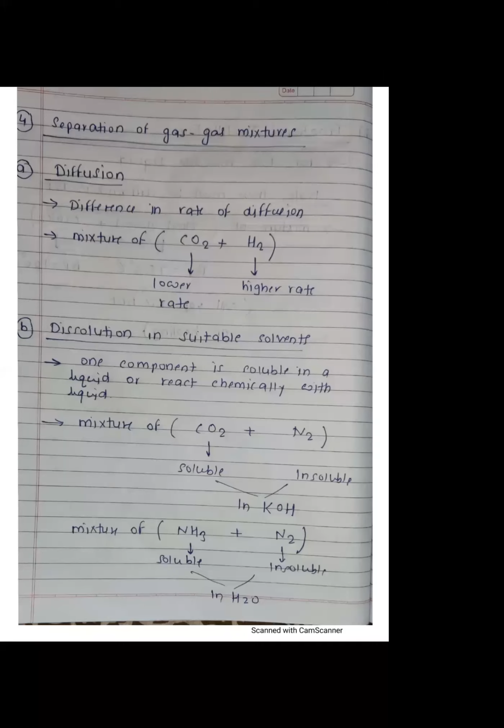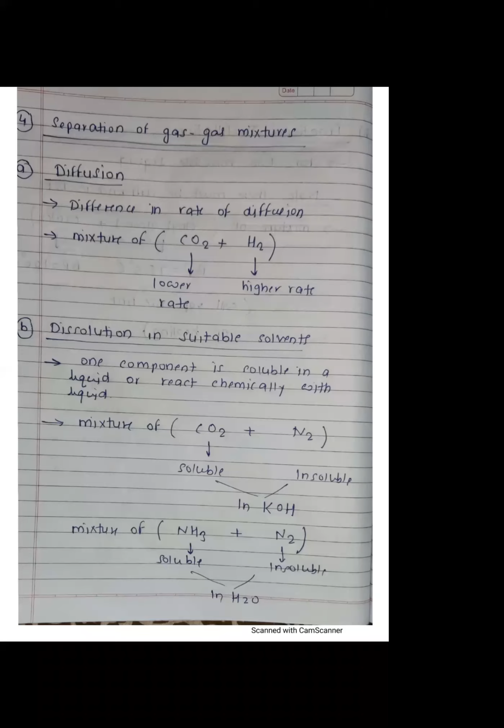In this method, one component is soluble in a liquid or reacts chemically with that liquid. For example, if I want to separate a mixture of CO2 and N2, I will dissolve this mixture in KOH. CO2 is soluble in KOH, so it will dissolve in KOH, while N2 is insoluble in KOH. So they will get separated.